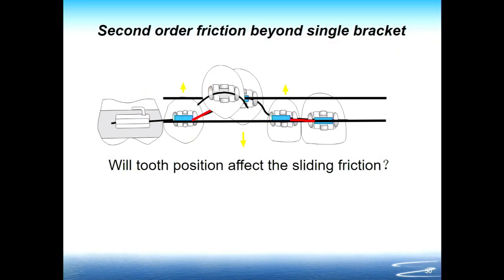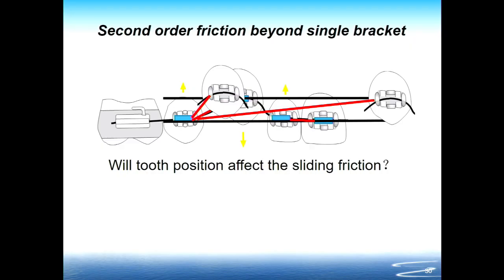If this tooth moves here, the angulation changes, so you get higher friction. How about if the tooth is here? Lower friction. But how can we do this?